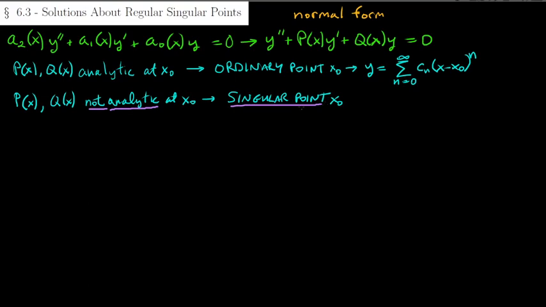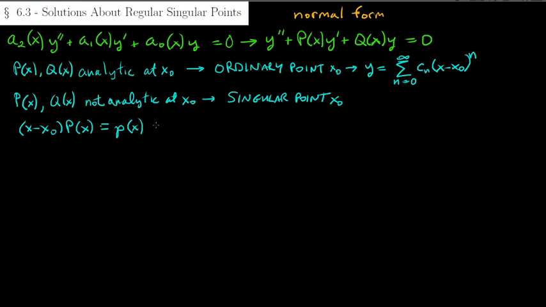And it turns out that not all singular points are the same. It depends on the form of this p and q. So if I take x minus x0 and multiply that times p of x, let's call this lowercase p of x.